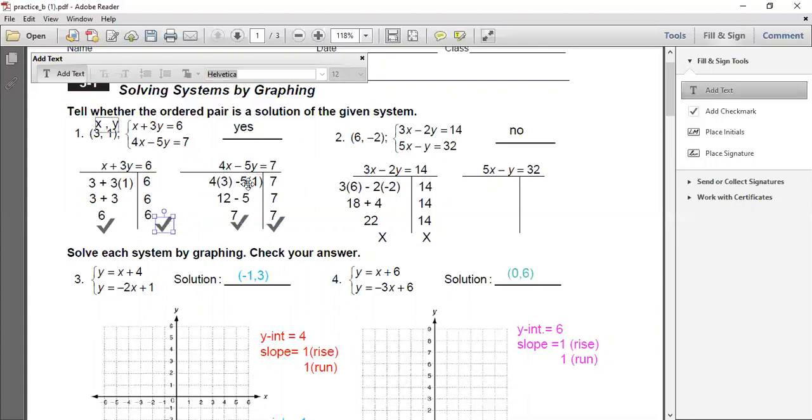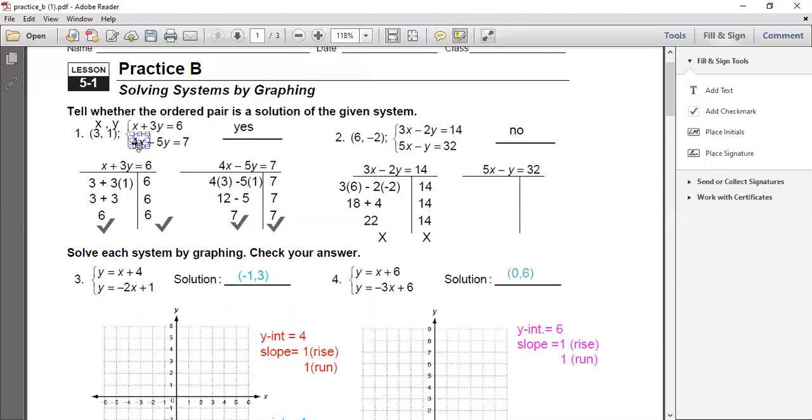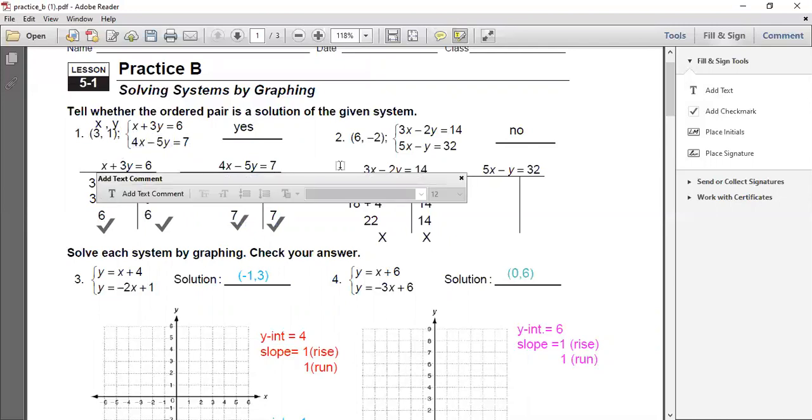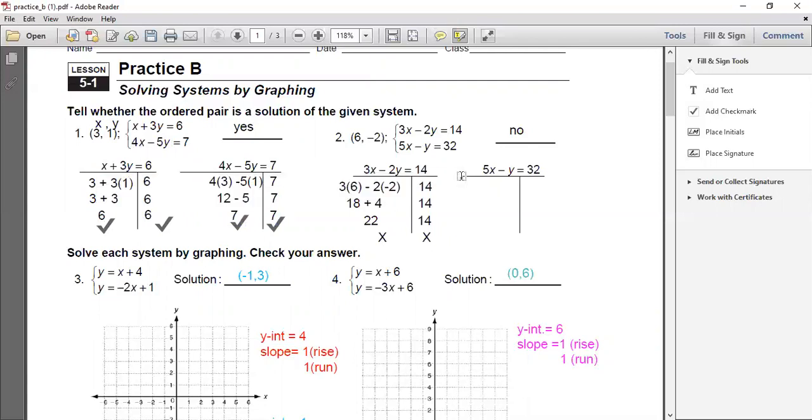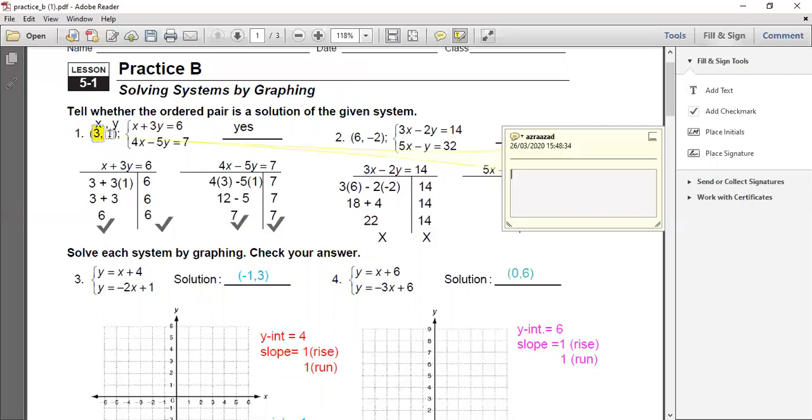This was correct for this equation. Now we have to check the other one too, which is 4x minus 5y equals 7, because only if you get both sides correct for both equations can you say the given pair is a solution.